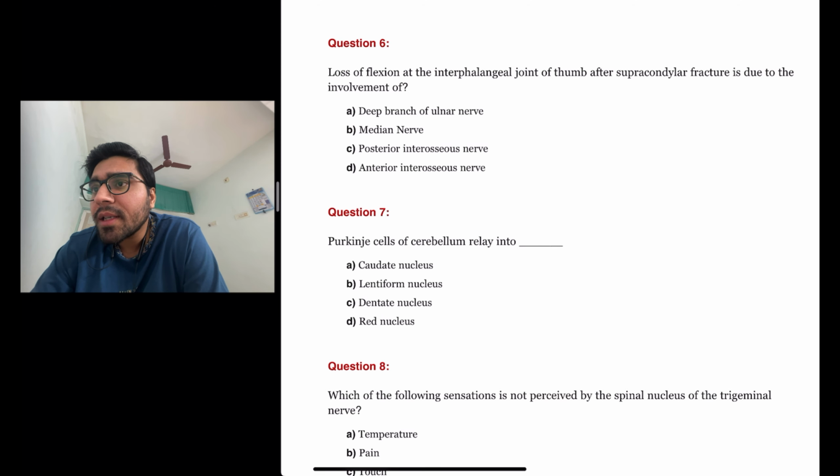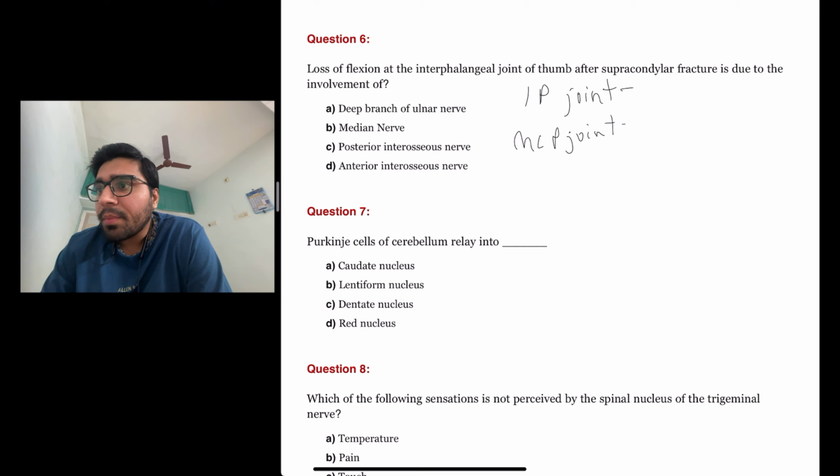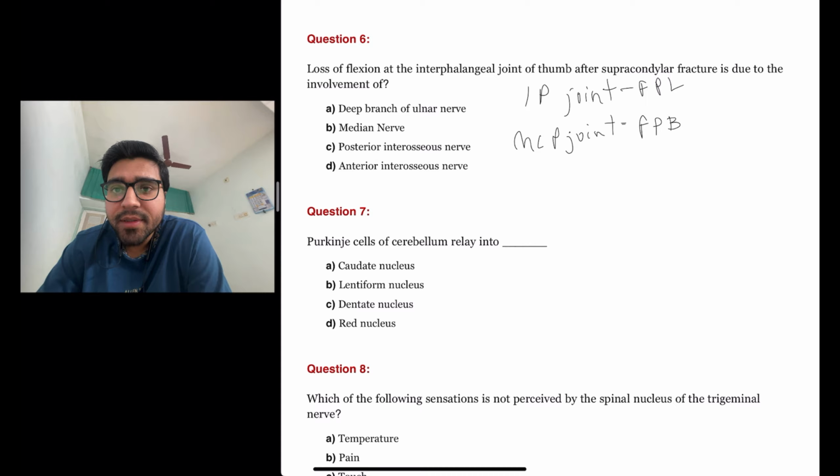Loss of flexion at the interphalangeal joint of the thumb after supracondylar fracture is due to the involvement of. There are two main joints in the thumb. The first one is the interphalangeal joint and the second one is the metacarpophalangeal joint. The metacarpophalangeal joint has flexor pollicis brevis and the interphalangeal joint has flexor pollicis longus attached.